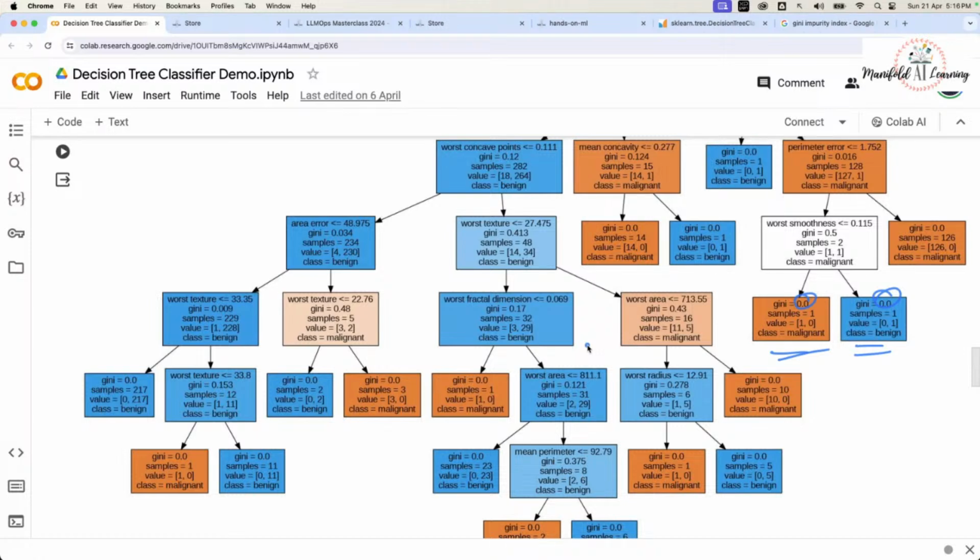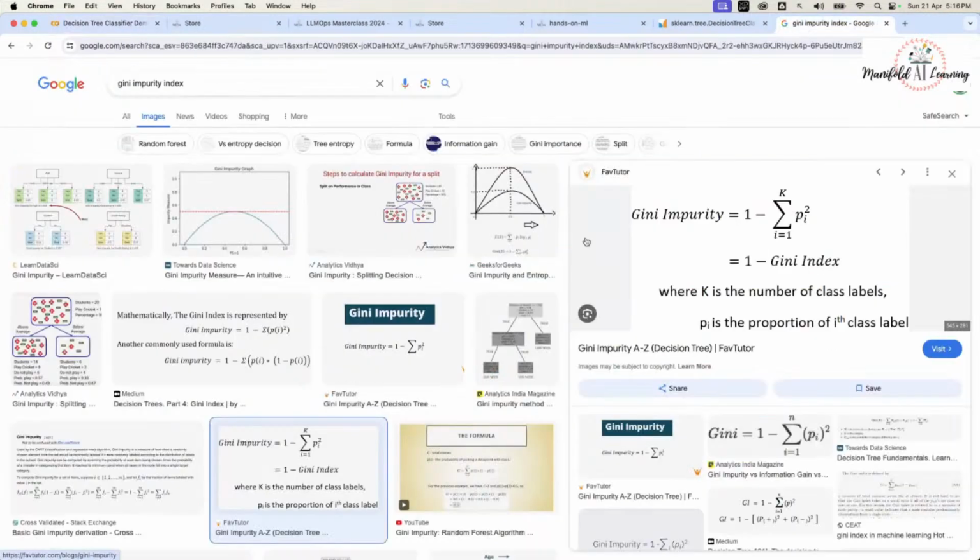So the system will perform the split such that the overall entropy in my given data set will get reduced. That's the overall idea about the fitting of this decision tree algorithm for the given data set. This is the Gini impurity index that we have seen.